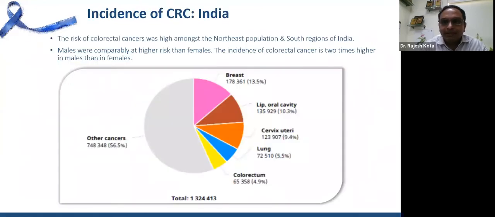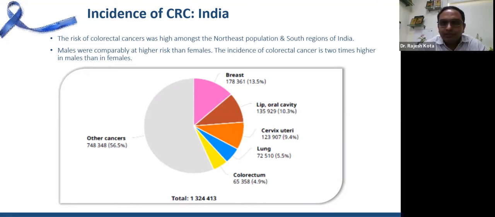If we look at the statistics, in India, colon and rectal cancers, that is colorectal cancers put together, among men and women, constitute the 5th commonest cancer. Breast is the most common, followed by lip and oral cavity cancers, cervical cancers, and lung cancers. Then come the colorectal cancers.